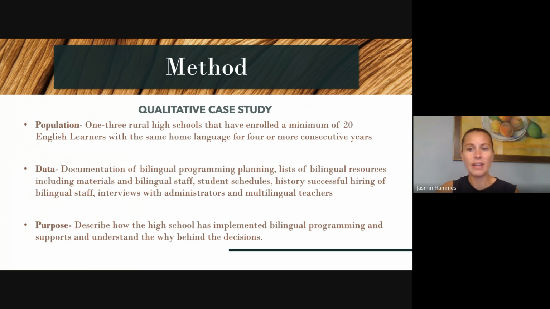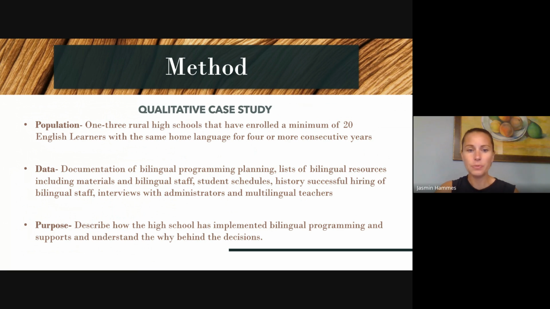Schools that have had that size population for less than 4 years are less likely to have explored bilingual options and won't have as much data to provide in terms of what have they tried and what challenges do they face.